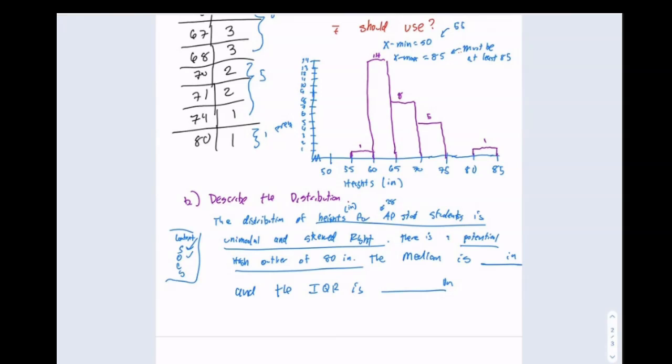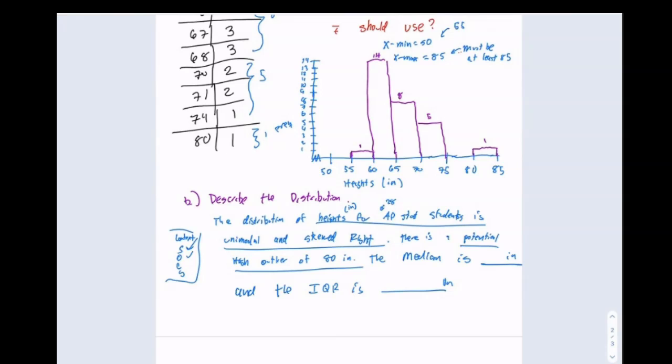What is the typical height of an AP Stat student around? Is it between 60 and 65 inches? Yep. So if you said a typical height, an average, a center of a height is between 60 and 65 inches, I would give you full credit for it.